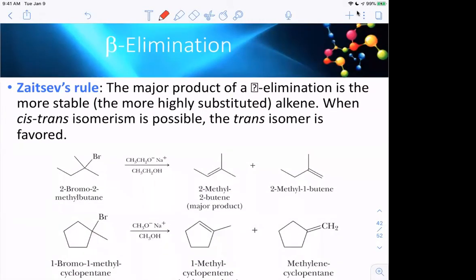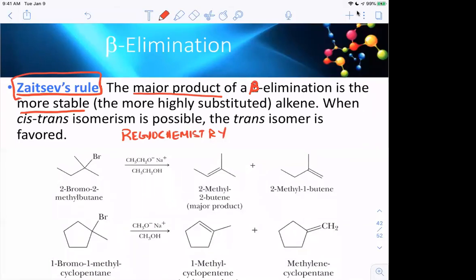Now, we alluded to this when we talked about stability of alkenes. There is regiochemistry here in this elimination reaction. Eliminations will follow something called Zaitsev rule. The major product of a beta elimination is the more stable alkene.